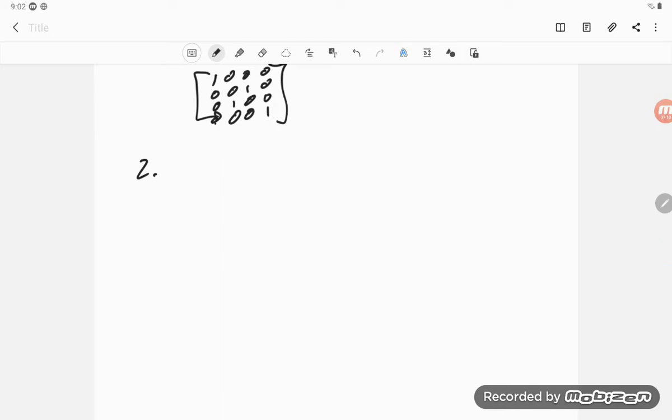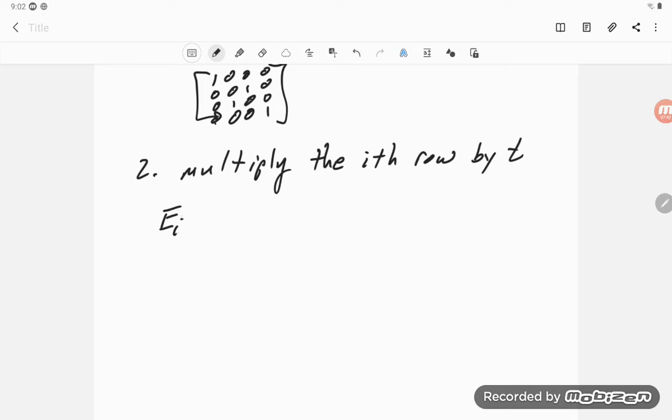Then 2 is where we multiply the ith row by some t, and so they call that E_i of t.